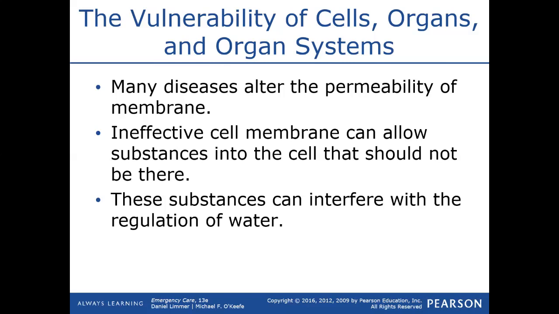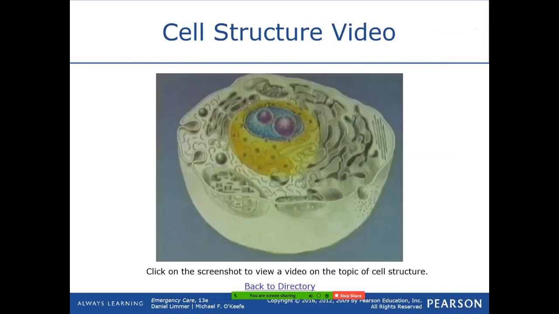It lets certain things in. So certain diseases can really affect that and mess up your whole system. These substances can interfere with the regulation of water. Again, there's a certain balance of water that your body needs. And if you let too much in, or too little, that is not good.